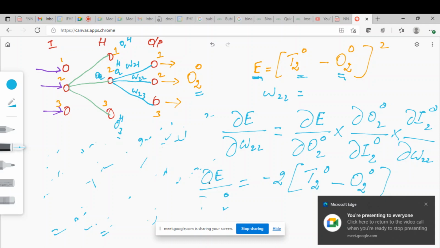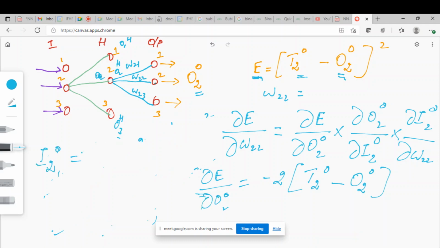So similarly, now we have done this for the hidden layer, but the output itself depends on the input. What is the input to the second neuron of the output layer?